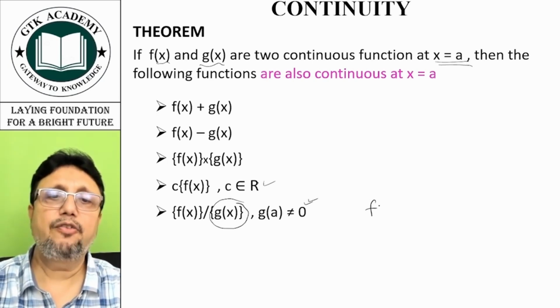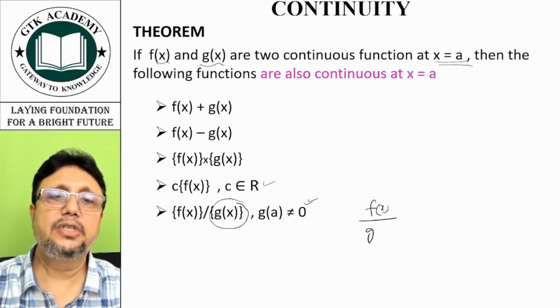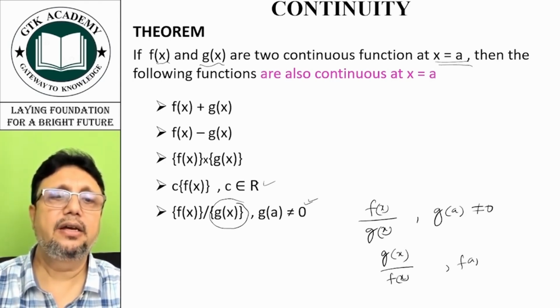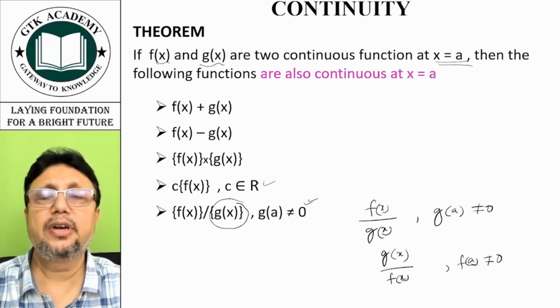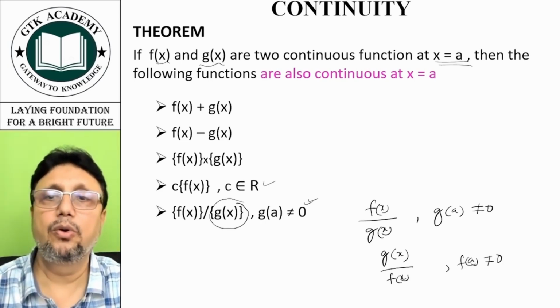That means f(x) upon g(x), where g(a) is not equal to 0, or g(x) upon f(x), where f(a) is not equal to 0.